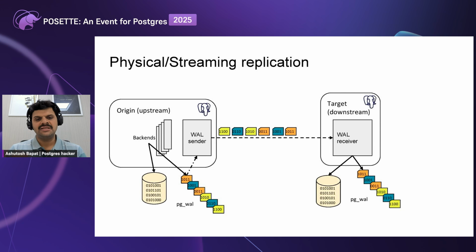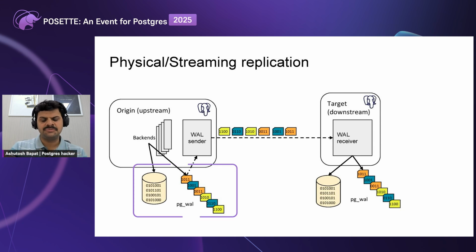In order to replicate the data, we take a snapshot of the disk at a given point of time along with the WAL and copy it over to the target or replica. Now this physical view is exactly the same at that point along with the WAL.